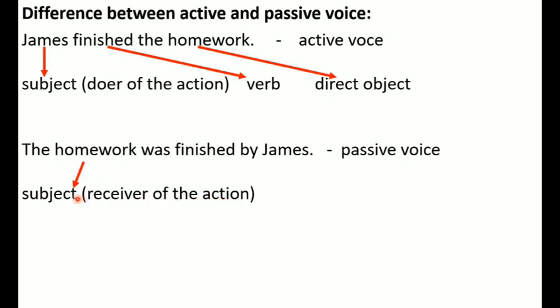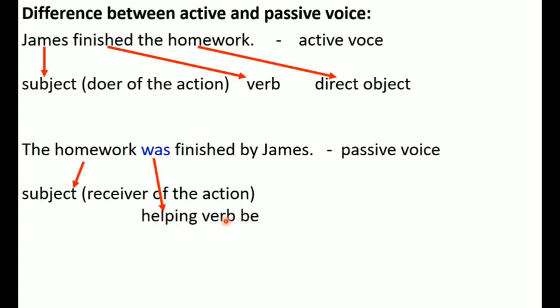Here, in the active voice, homework is our object or direct object. The doer of the action is James. But here, in the passive voice, homework now is the receiver of the action. And was, alright, take note of this, was is a helping verb.